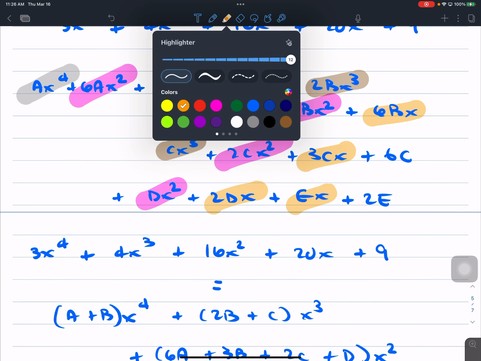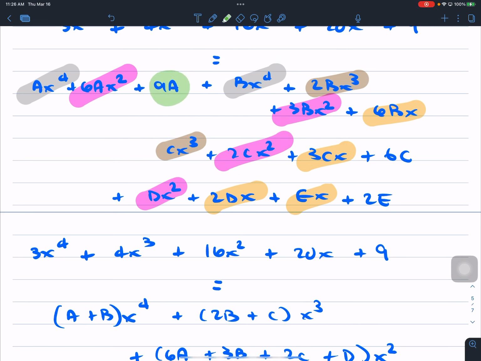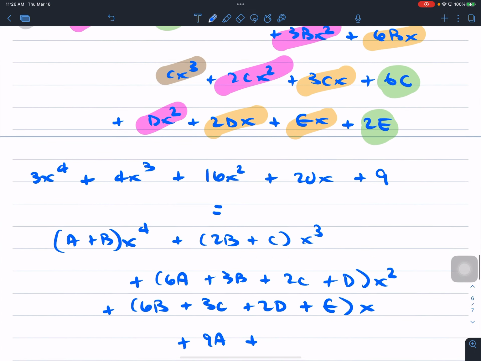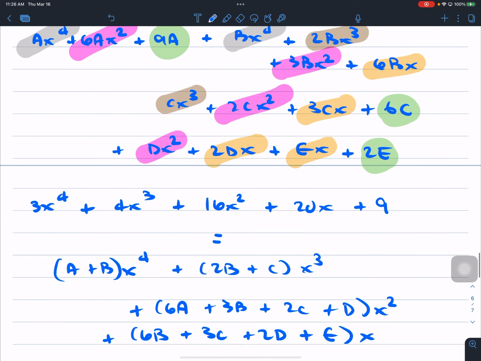Followed by 9a, 6c, 2e: 9a plus 6c plus 2e.